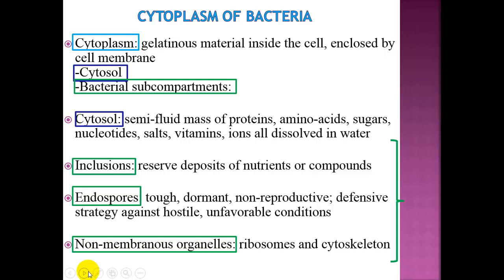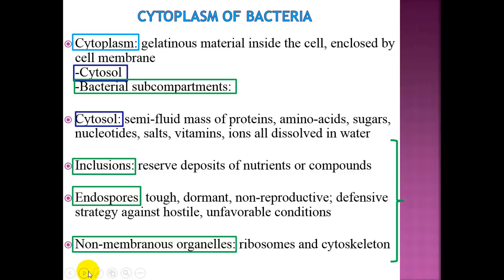The cytosol is the semi-fluid mass of proteins, amino acids, sugars, nucleotides, salts, vitamins, and ions, all of these dissolved in water. The subcompartments are mainly inclusions, endospores, and non-membranous organelles. Inclusions are reserved deposits of nutrients or compounds.